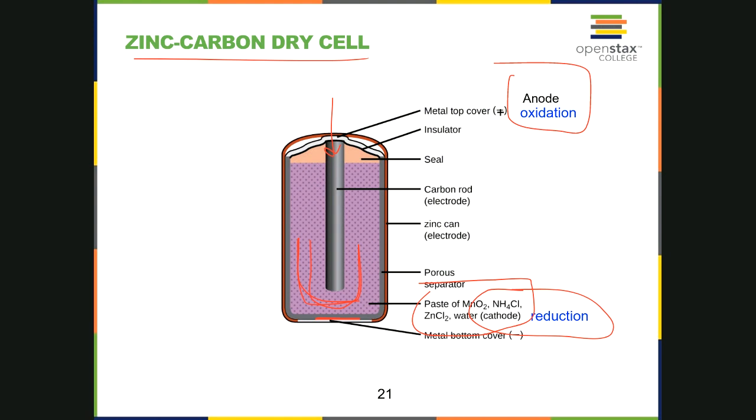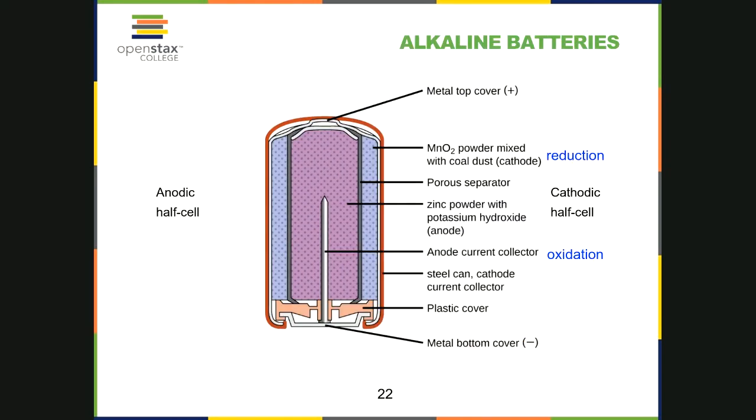Now we'll look at a little bit more modern technology, and that is the alkaline cell. And again, you've got a cathode where there's a reduction. You've got what they're going to call a current collector. It's an anode, and that's where your oxidation occurs.